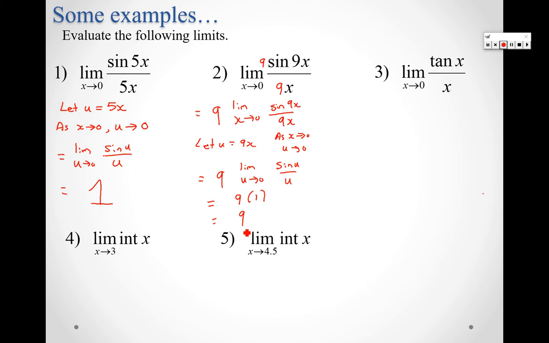Oh, here we go. Limit as x approaches 0 of tan x over x. This is how we ain't got no tans.